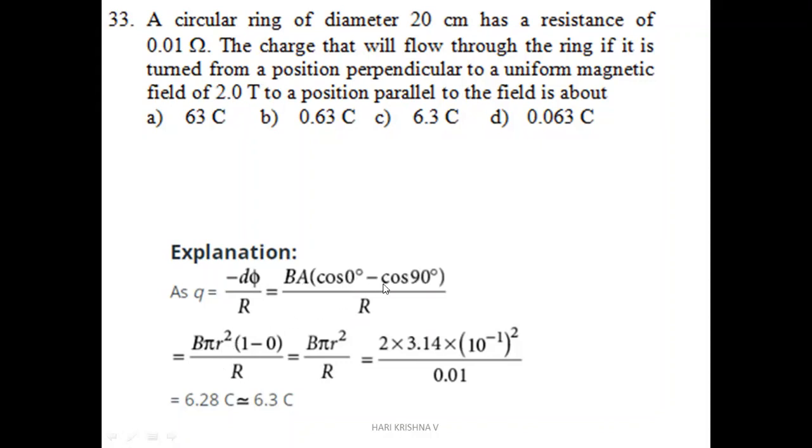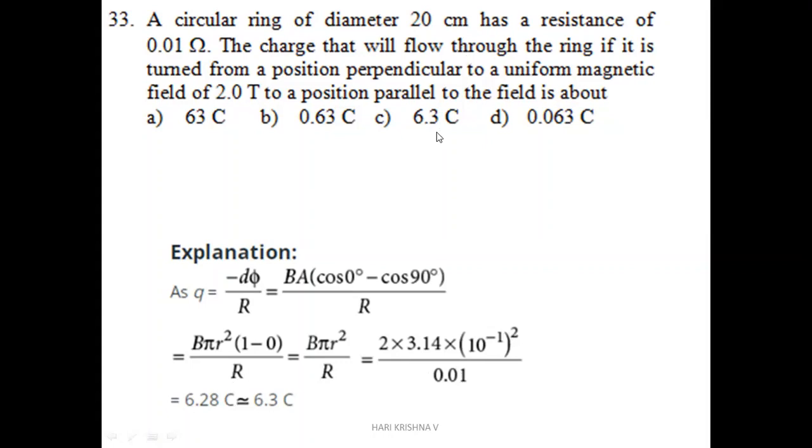So B pi r square, cos 90 is 0, cos 0 is 1, so 1 minus 0, by R. So B pi r square by R. The magnetic field is given as 2. So 2 into pi value 3.14 into the radius, converting the diameter, 10 power minus 1 the whole square. So we get 6.28, nearly we take it as 6.3.